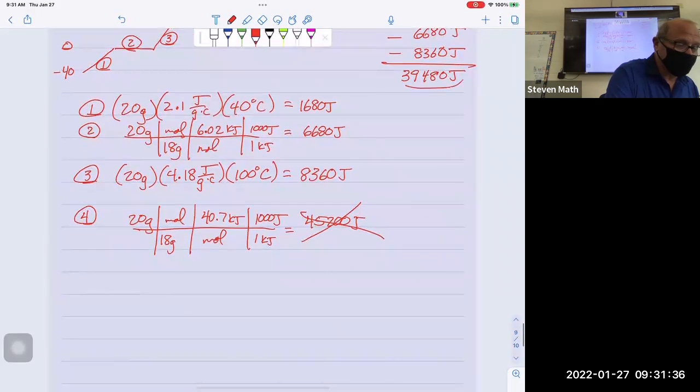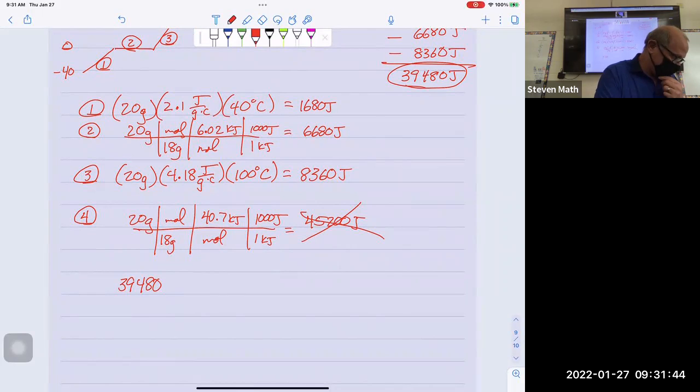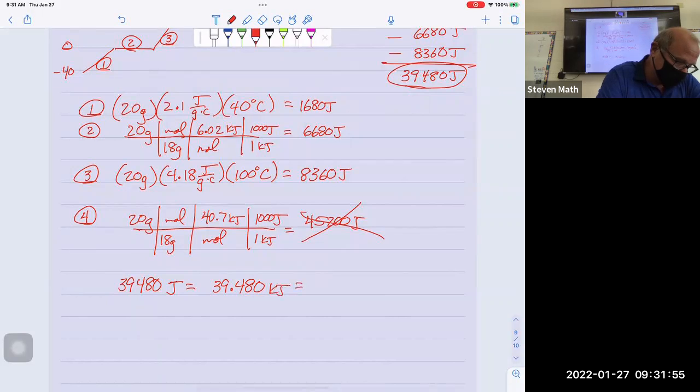Now what we need to do is take that 39,480 joules, make that 39.48 kilojoules. That's equal to m times Hvap. I'm up on the high end of things. I'm vaporizing. So this is going to be m times 40.7 kilojoules per mole.